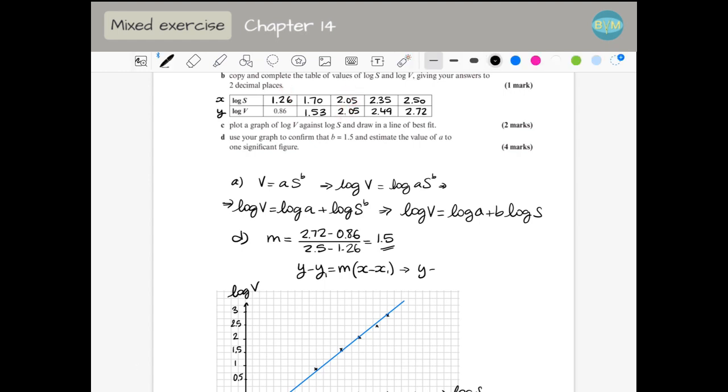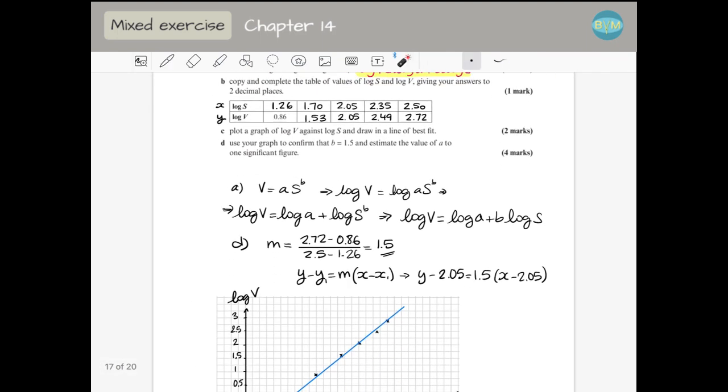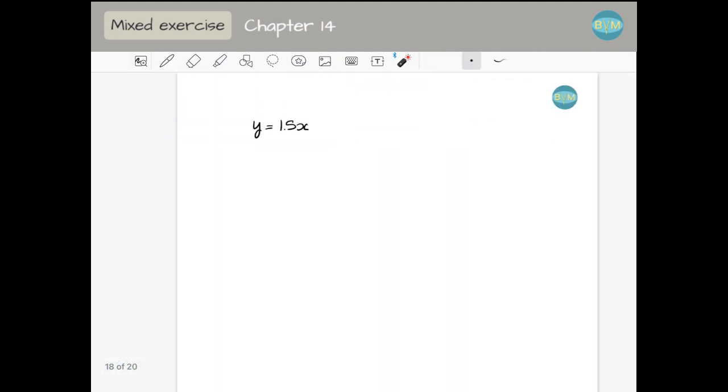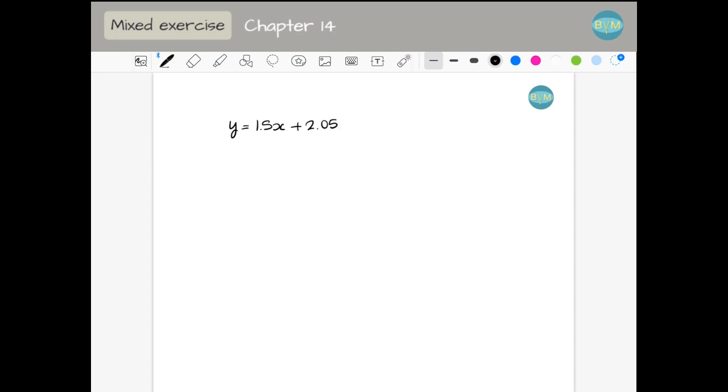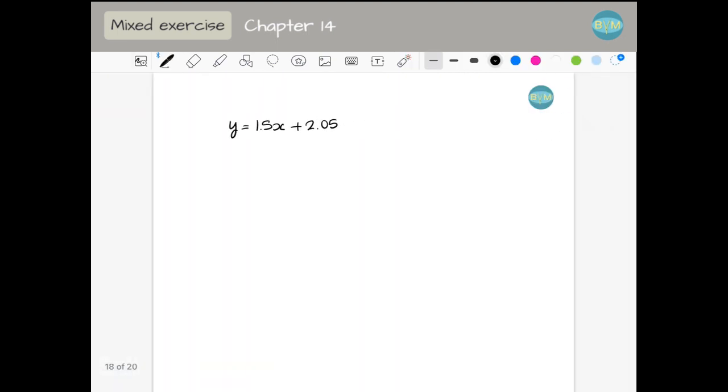So y minus 2.05 is the gradient 1.5 times x minus 2.05, and from here I'm going to get the y-intercept. When I expand this bracket and take it to the other side, I will have y equals 1.5x, and then plus 2.05 minus 1.5 times 2.05, and this is the y-intercept.